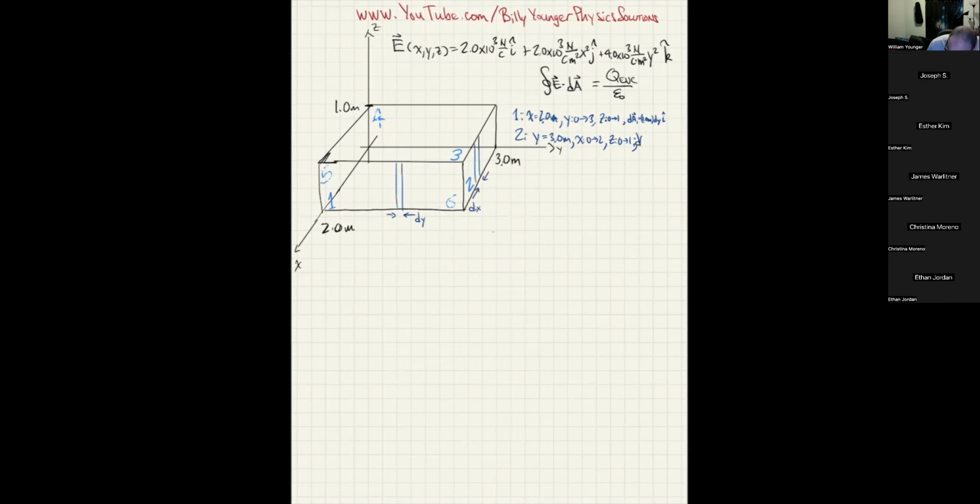So my dA2 is going to be, again, 1.0 meters dx, and this time it'll be j hat instead of i hat.